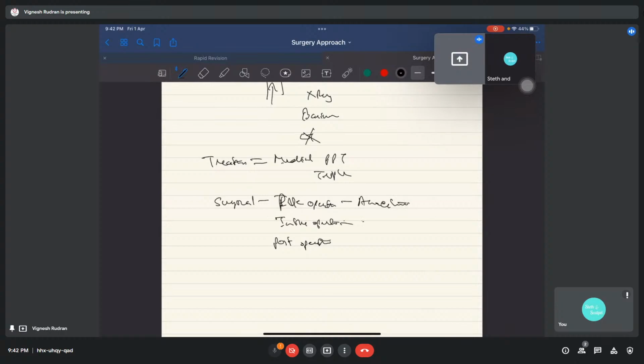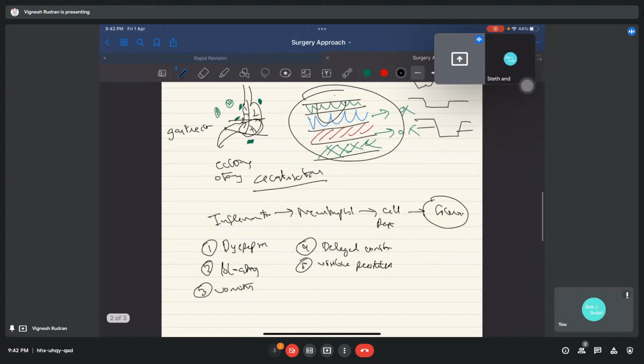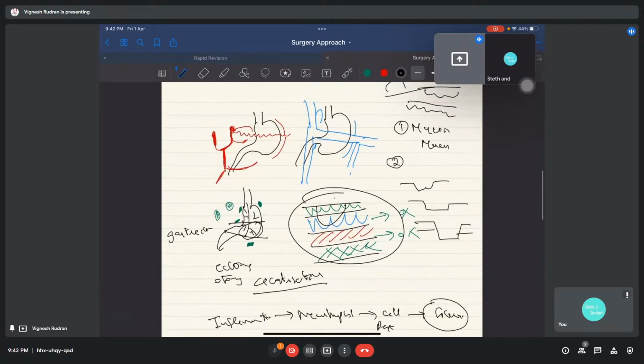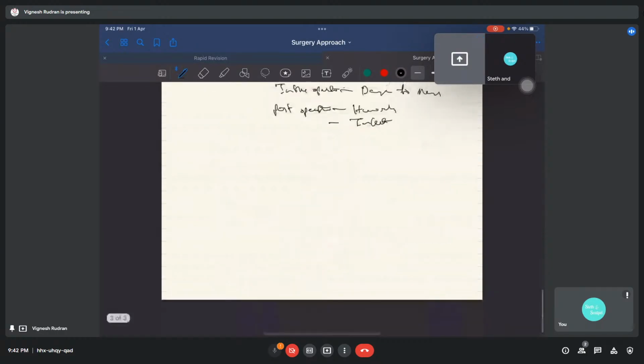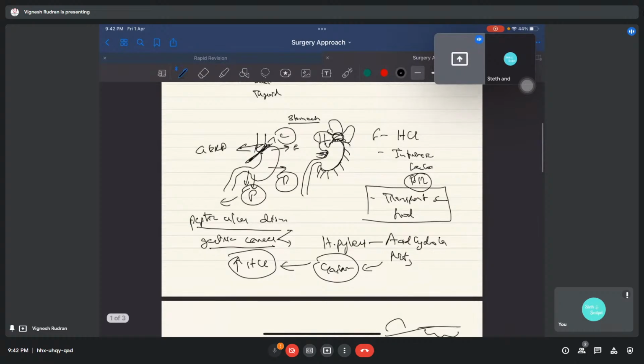Intraoperative, you need to make sure there is no damage to nearby structures. Post, two things: hemorrhage and infection. That's all. So that is all about stomach. With this, you can almost answer any question they ask in stomach. So this is all you need to know.